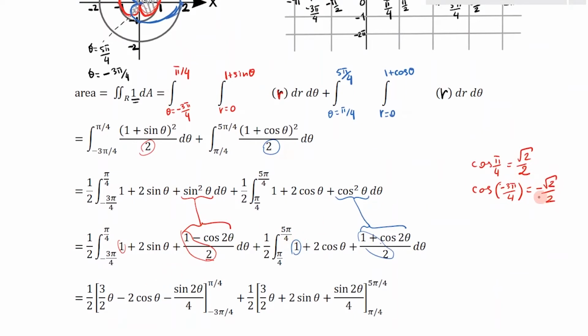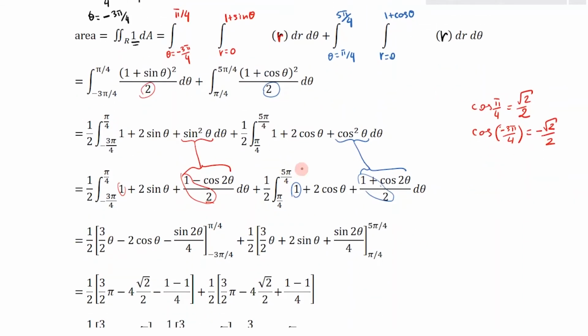Since we're subtracting them, we end up with just double of the first one, of this first upper endpoint. So then instead of 2, we get 4, and then root 2 over 2.